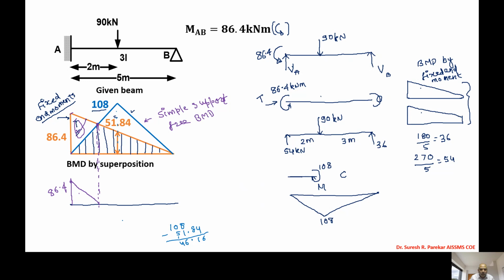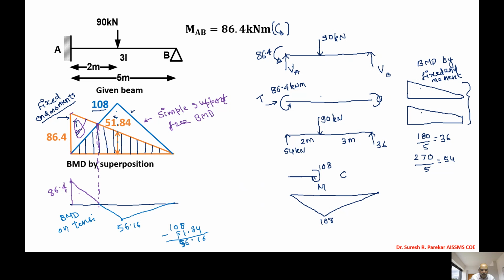So we will have under this point 56.16, and this is the BMD on the tension side.